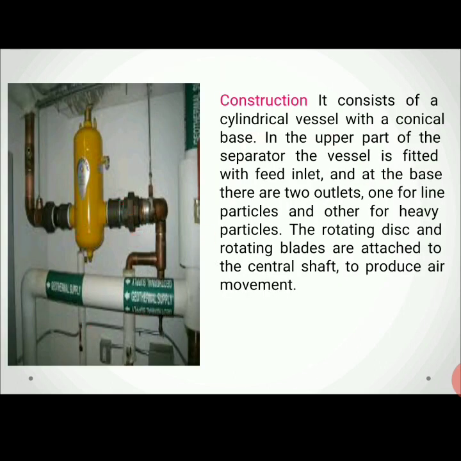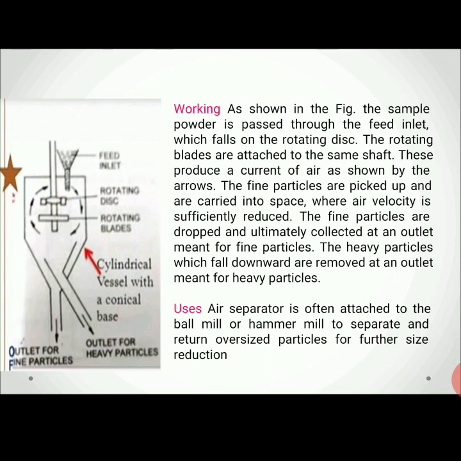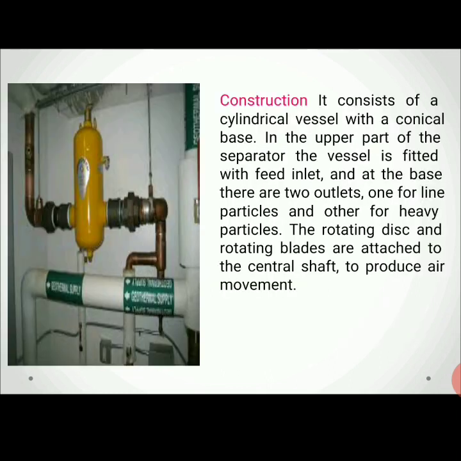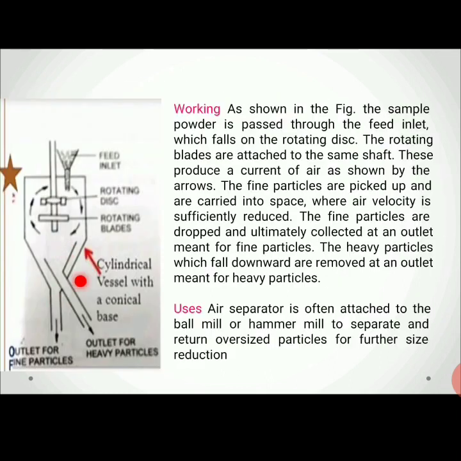This is an air separator. In that construction, first of all, it consists of a cylindrical vessel with a conical base. On the upper side a feed inlet is there for introducing the material.